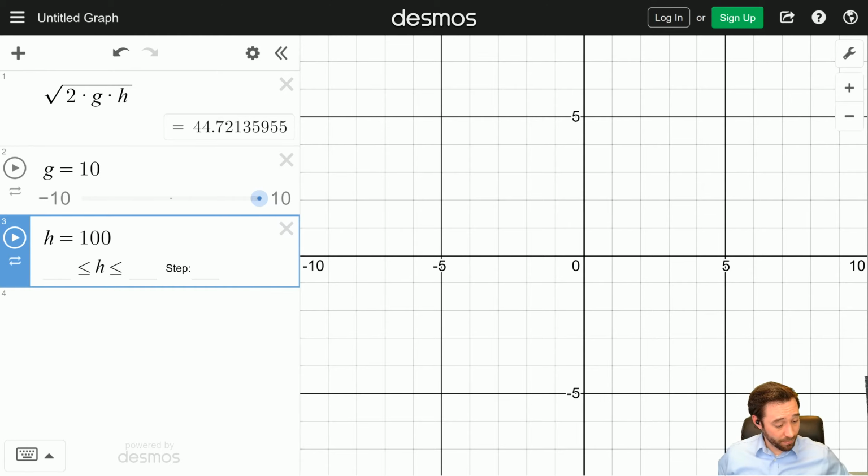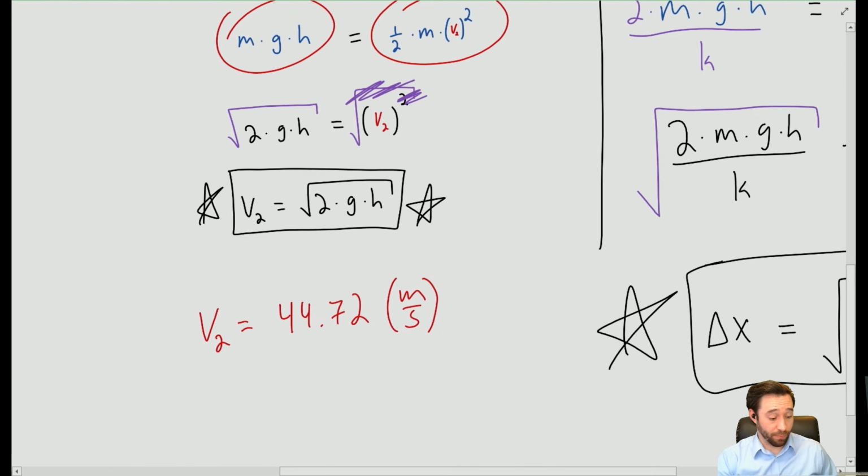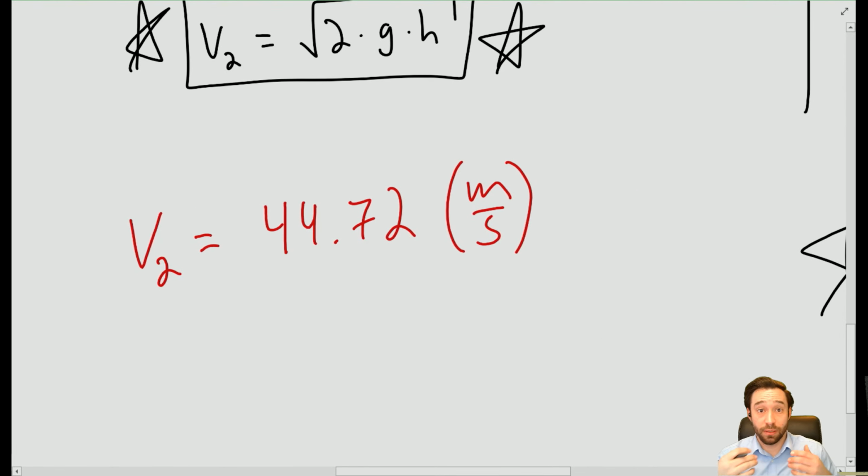So the answer that we would get for the velocity at state 2 would be V2 equals 44.72 meters per second.